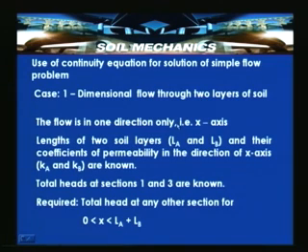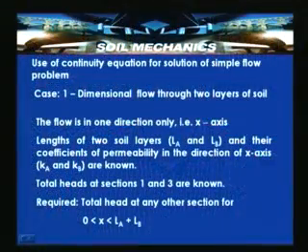The flow is in one direction only, along the x axis. The lengths of the 2 soil layers, LA and LB, and their Darcy's coefficients of permeability, Ka and Kb, in the direction of the x axis are known to us, and the total heads at sections 1 and 3 are known. We do not know H2 in between, but we can determine it using the deliberations we are going to discuss.